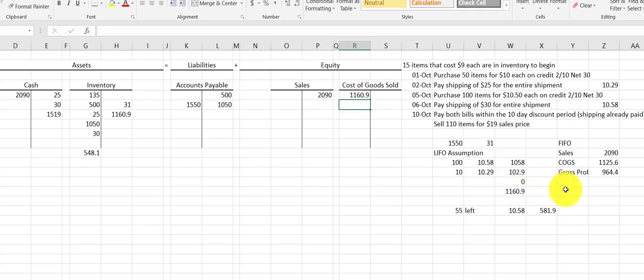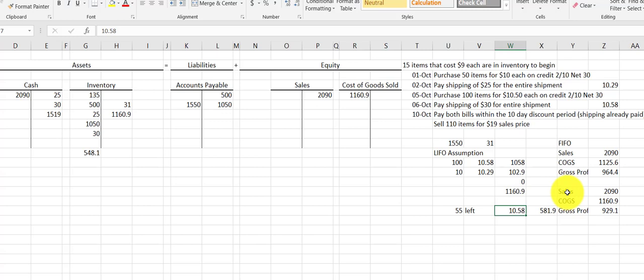So under LIFO, our sales would be 2090, cost of goods sold, okay, would be 1160.90, and our gross profit would equal sales minus cost of goods sold. We would have 55 left, but they would be which ones?